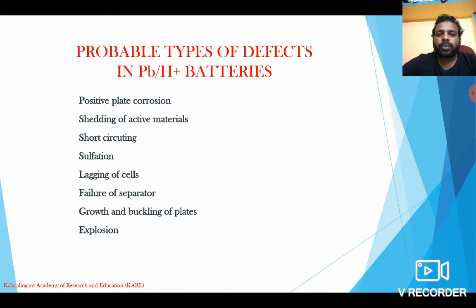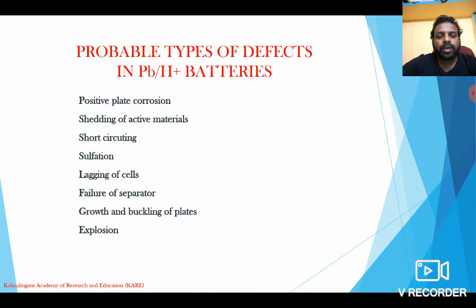And the probable types of defects in batteries. One is positive plate corrosion, shedding of active material, and short circuiting. Short circuiting is created due to failure of the separator. And sulfation is nothing but, during charging and discharging, sulfate content covering the electrodes.